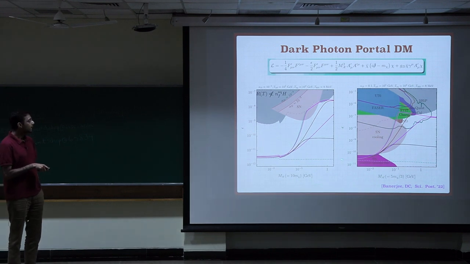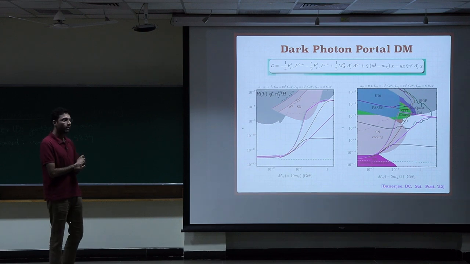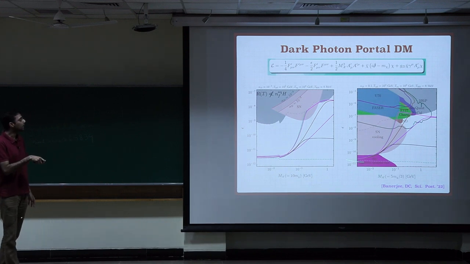So that means we do not know whether the universe had any early matter dominated era or not, but if it did, then there is no hope for detecting this kind of epsilon in the radiation dominated case.